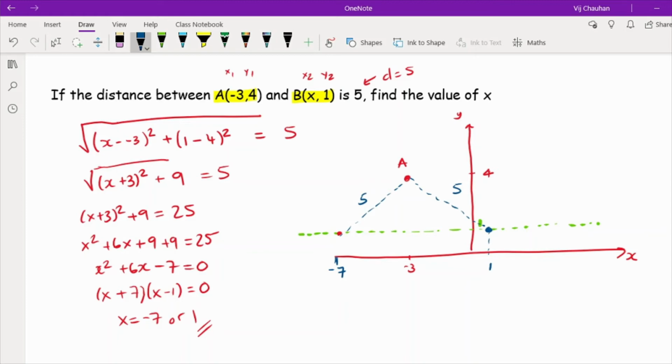Now in an exam, which would you give? They would usually tell you where x is positive or where x is negative. So that should give you an idea of whether to eliminate one or the other. Like I said, if it doesn't, then it's good practice to give both ordinates, but read out for that question, because if, let's say, an added part to this question says where x is positive, then if I gave this answer here, I would lose a mark because I've also included a negative x value.